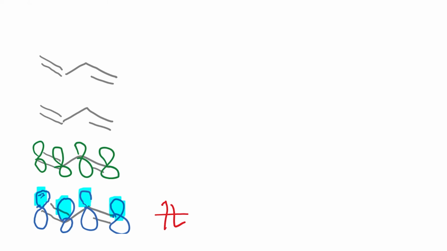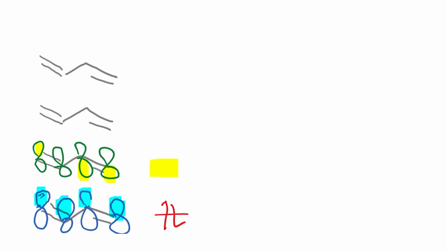Now if all of them are the same sign, then this is going to lead to the most favorable overlap. The second situation is that two of them are going to have the same sign, overlapping, then there is a nodal point, and then these other two are going to overlap.